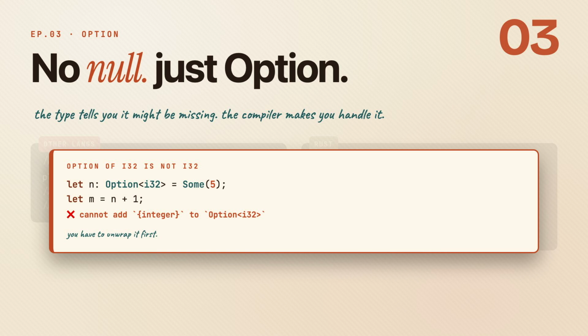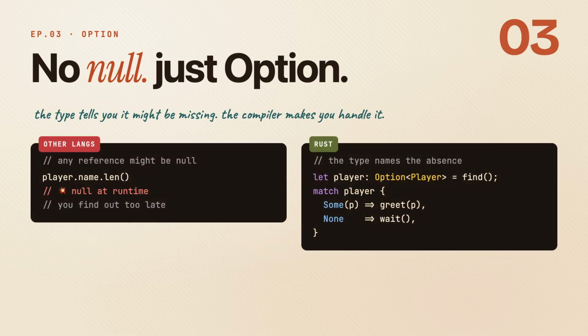And here is what the compiler will not let you do. You cannot use an Option of i32 as if it were an i32. Try to add one to it, and the compiler will stop you. There is no plus operator that takes an Option. You have to unwrap it first.